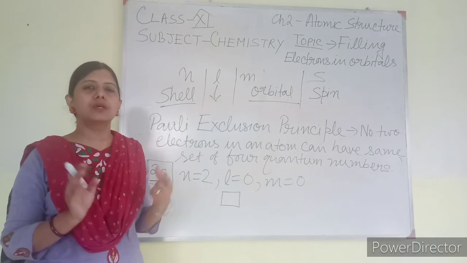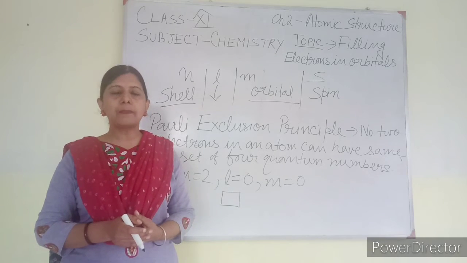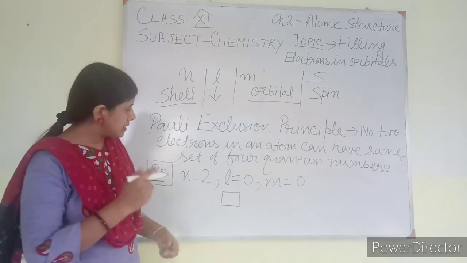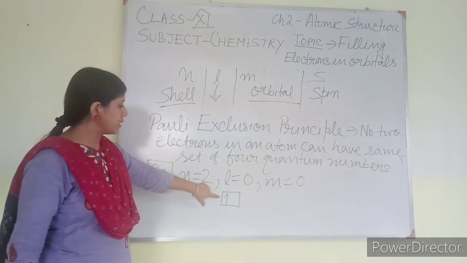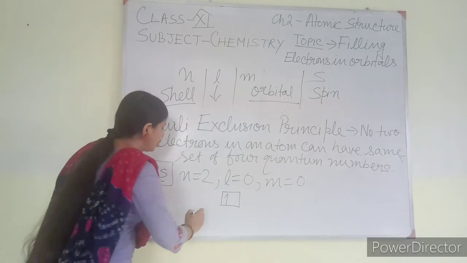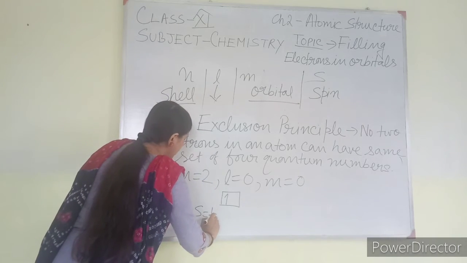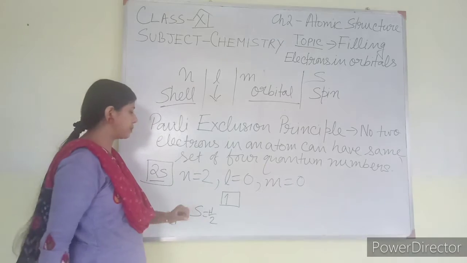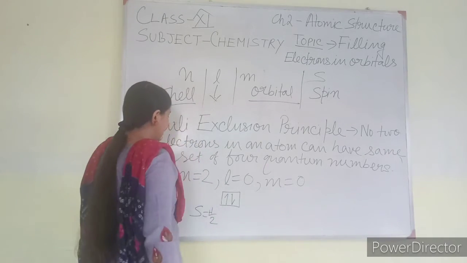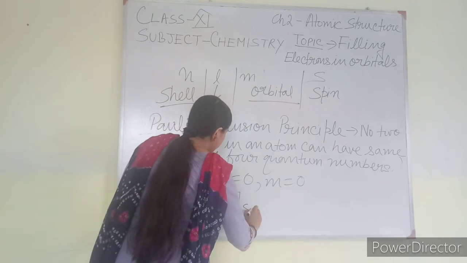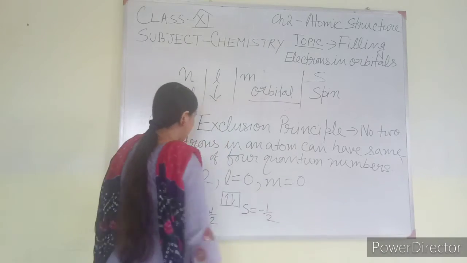It can have only 2 values, plus half and minus half. The first electron enters here like this. This one shows s equal to plus half. Another electron enters, and here s equals minus half.